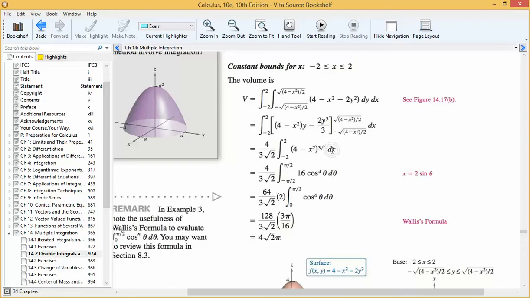Originally, we were bound from -2 to 2 on the x. When we change this right here, our boundaries have to become, if we're using this trig substitution, now instead of numbers here, we have to plug in angle measures.